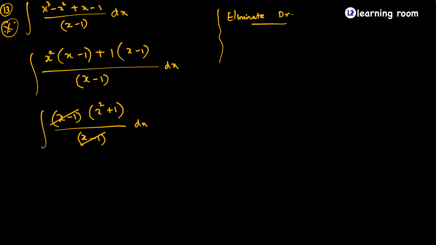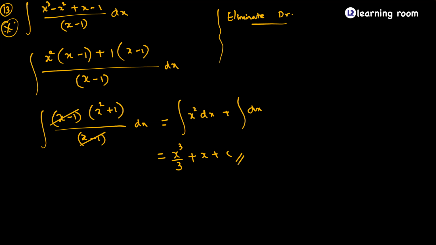This and this will get cancelled. So what is the integral of x square? It is basically the integral of x square dx plus the integral of 1 times dx. Am I right? So what is the integral of x square dx? It is going to be x cubed by 3 plus x plus c. This should be the answer.